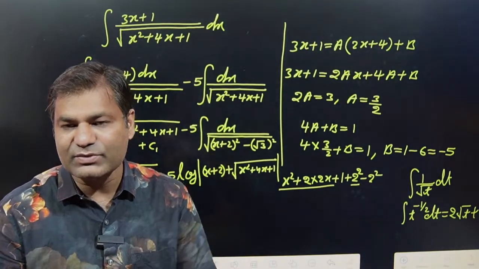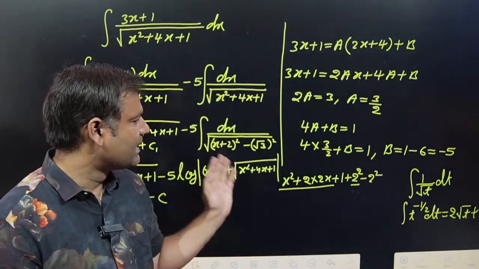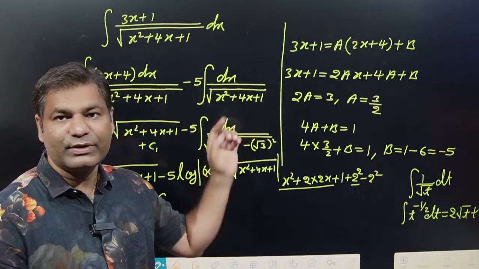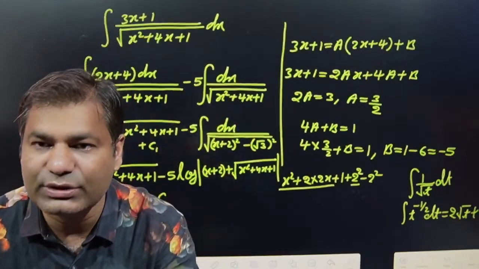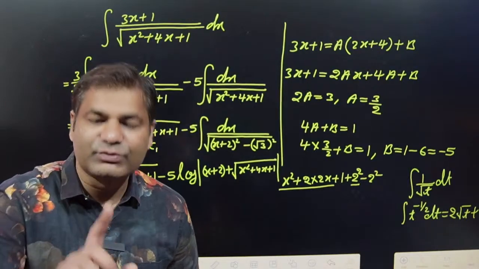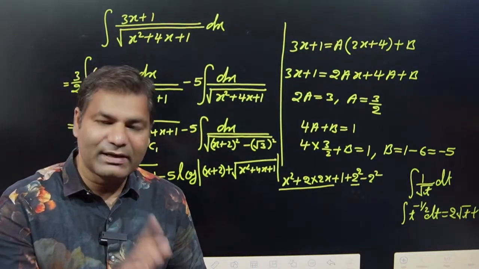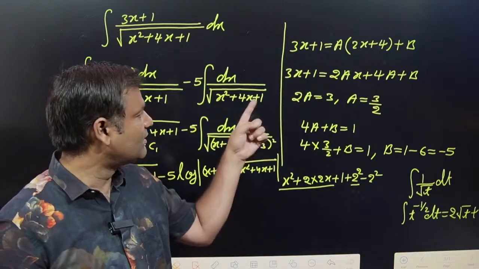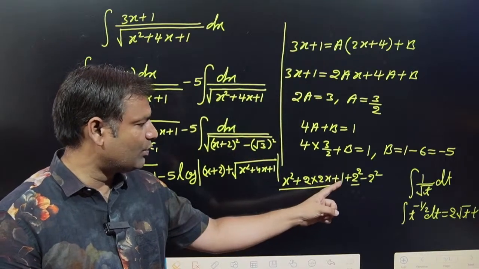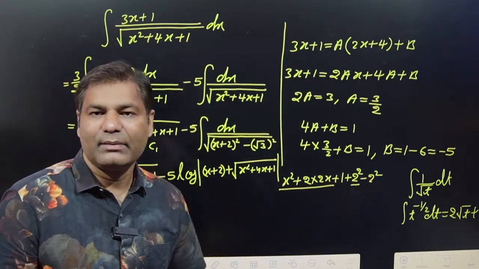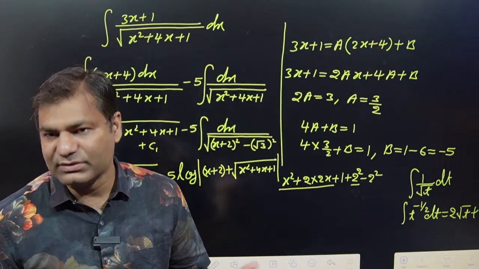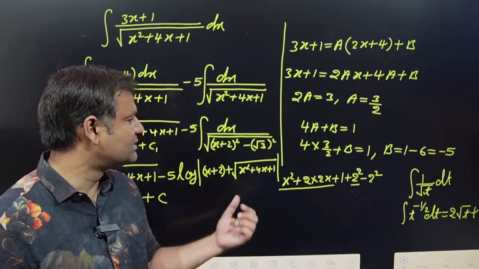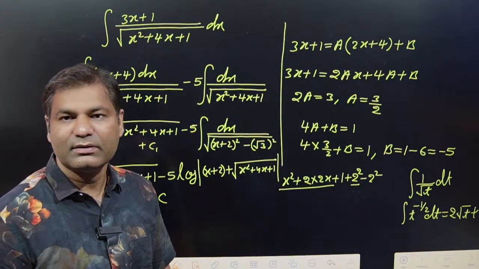Simply x square plus 4x is basically 2 into x. If 2 square adding and 2 square subtracting, then we get x plus 2 to the whole square plus 1 minus 2 square, that is 1 minus 4, which is minus 3. Minus 3 is also written as root 3 to the whole square.